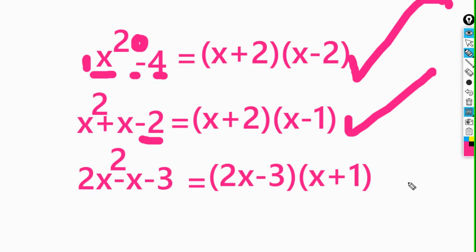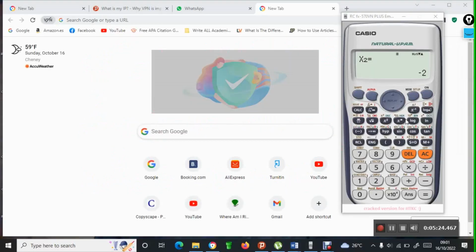So it is 2, minus 1, minus 3. So we are going to have MODE 5, and then 3, and we key in 2, minus 1, minus 3.